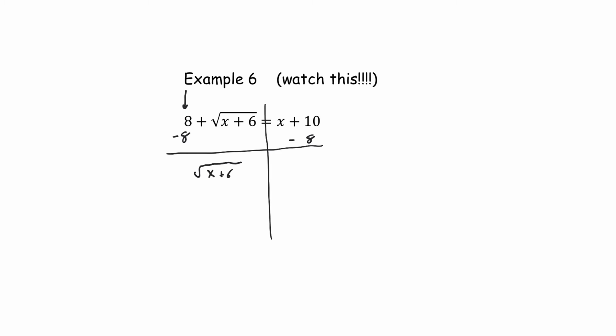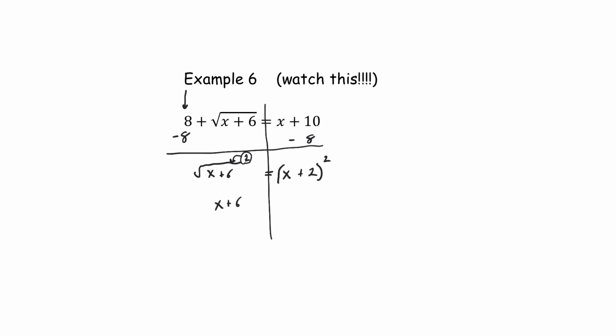This would be considered extra credit, but I just want to show you guys some advanced stuff that you can do with this. Okay, once we get the square root isolated, we know how to get rid of it. That's square it. Whatever you do to one side, you have to do to the whole other side. This is the new stuff. Okay, the squares and the square roots cancel each other out, so I'm left with x plus 6.